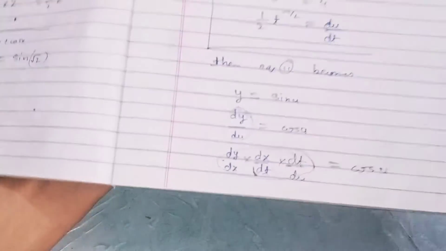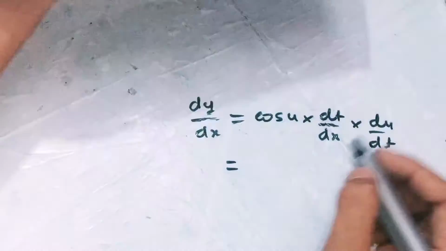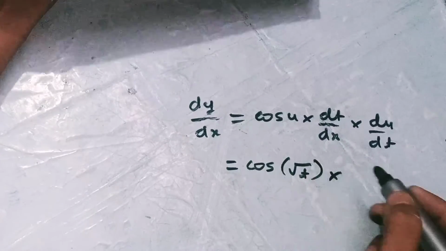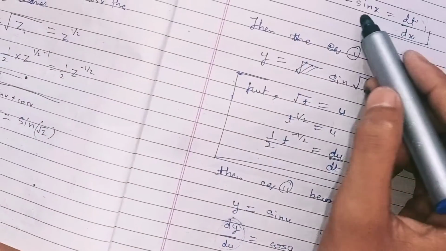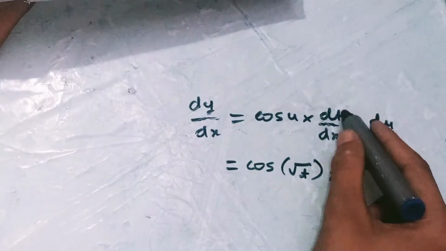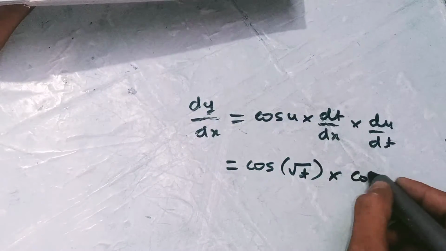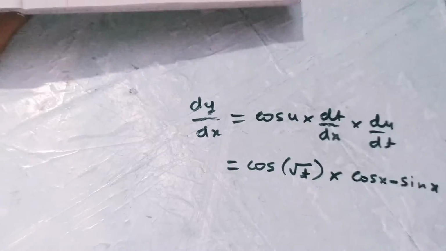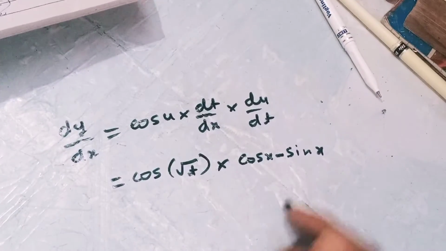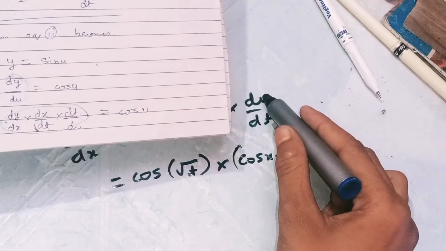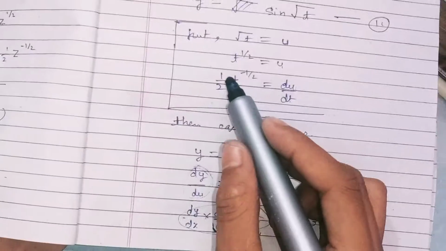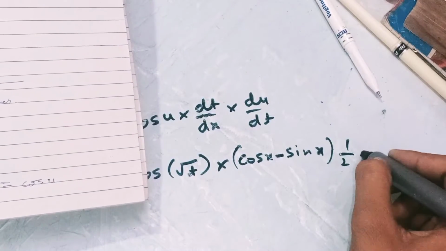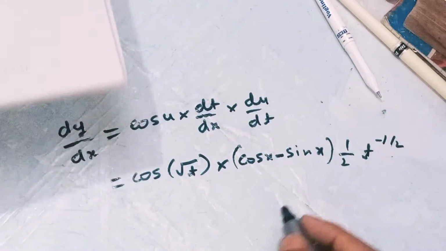But u was not actually u, it was u equal to root t, so cos root t. And dt upon dx we have cos x minus sin x, so in place of this we will put cos x minus sin x. And in place of du by dt we will put 1 by 2 t power minus 1 by 2.